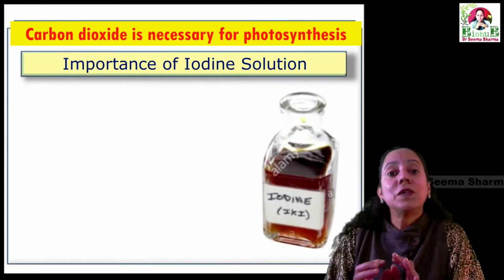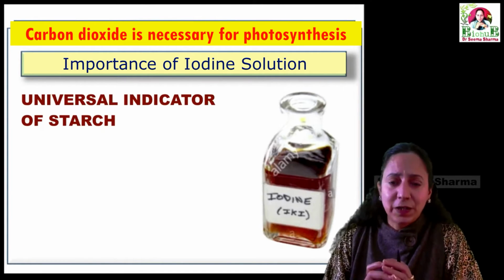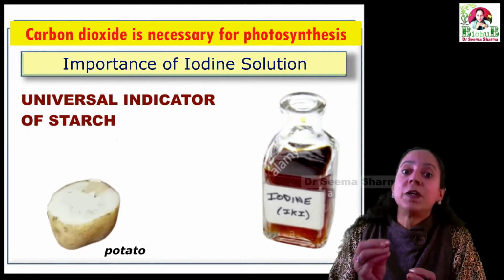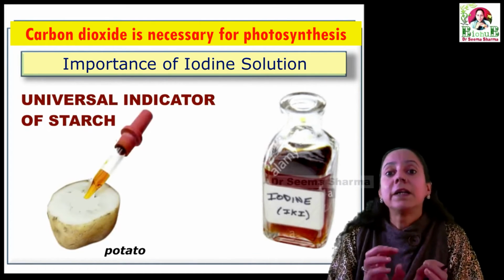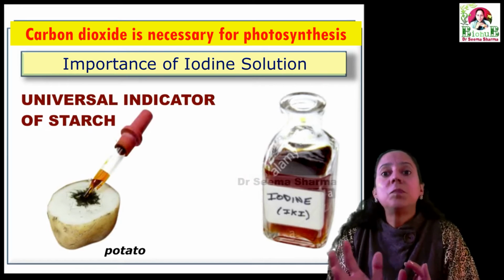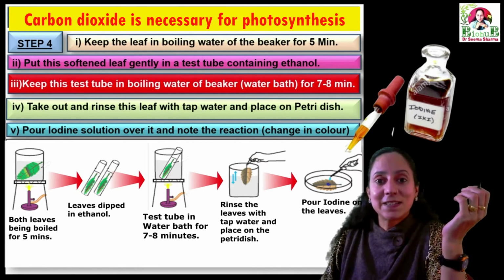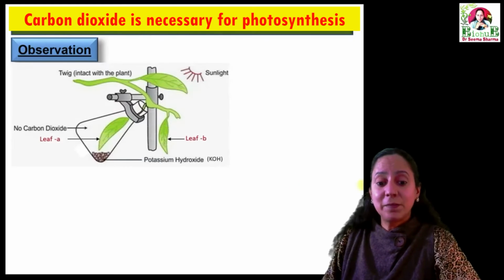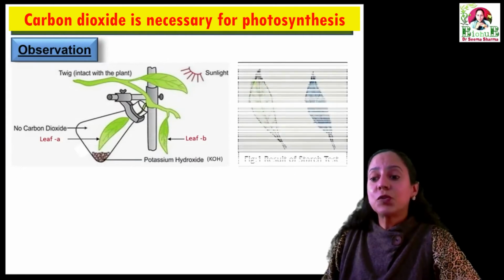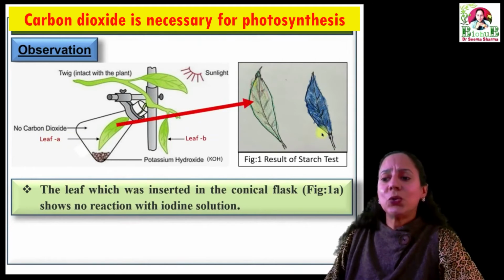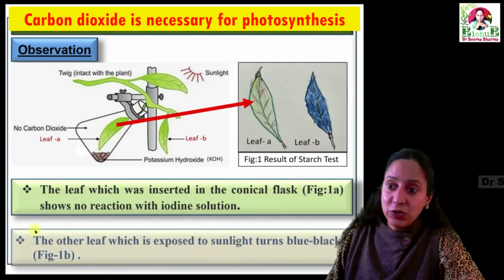Iodine is a universal indicator of starch. In whatever material starch is present, if we pour iodine on that, immediately it will turn blue-black. So what is the expected result of starch test? So observation with this experimental setup is the leaf which was inserted in conical flask, leaf A, has shown no reaction with iodine solution.